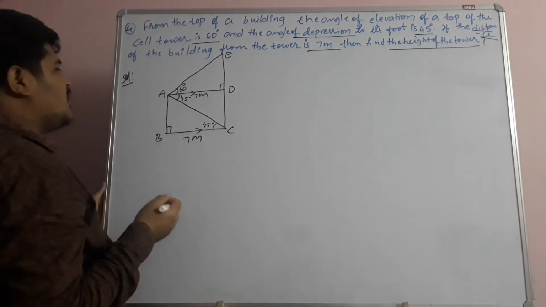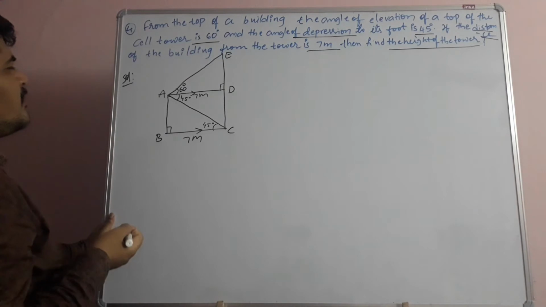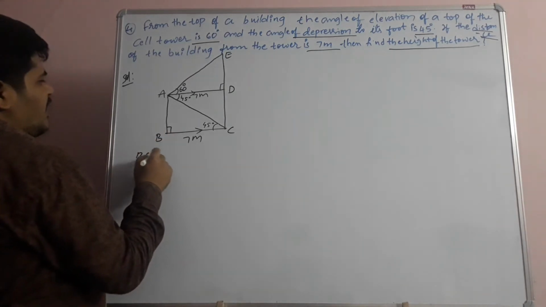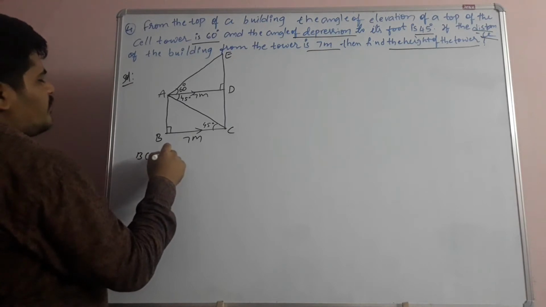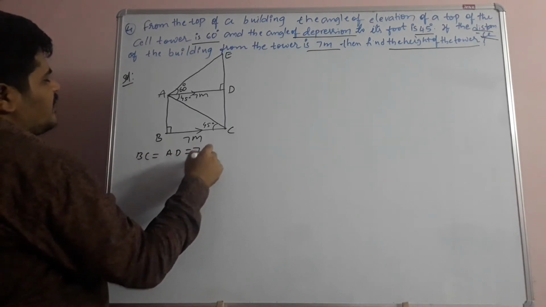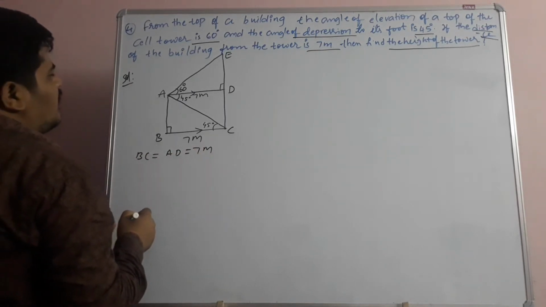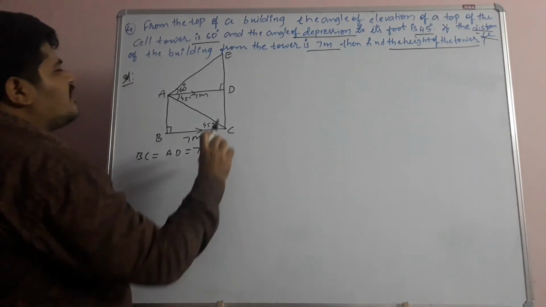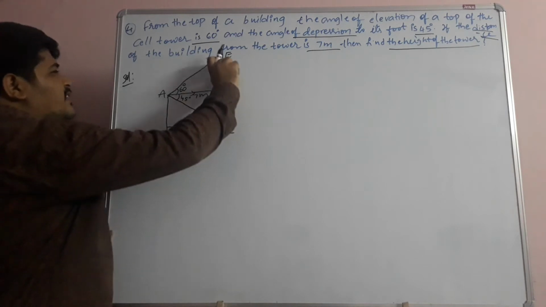Now children, first I will take the given sides. So here we can take BC is equal to AD is equal to 7 meters, right? And we need to find the height of the tower. The height of the tower is nothing but CD plus DE.